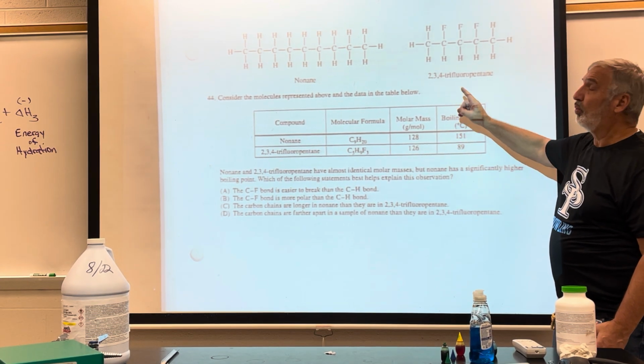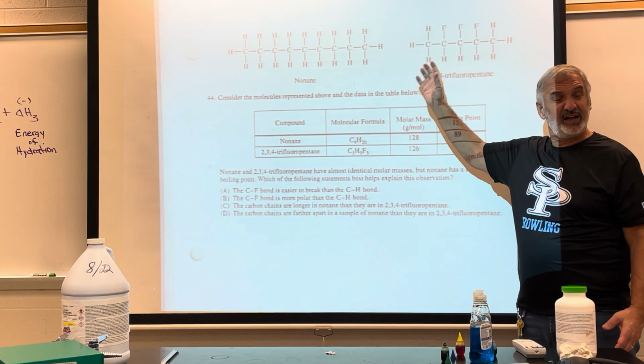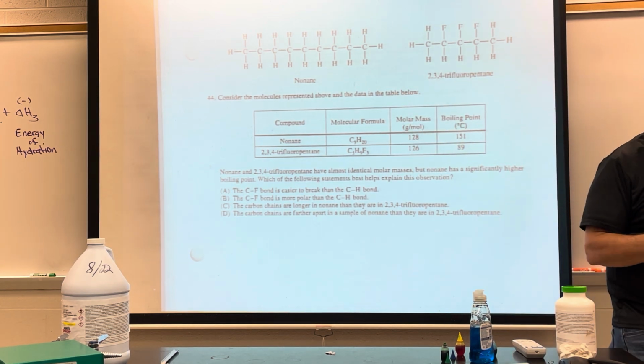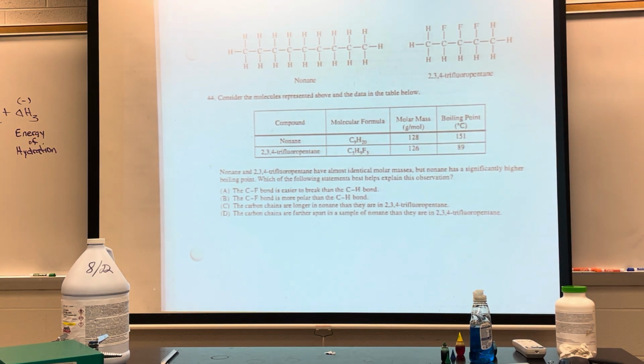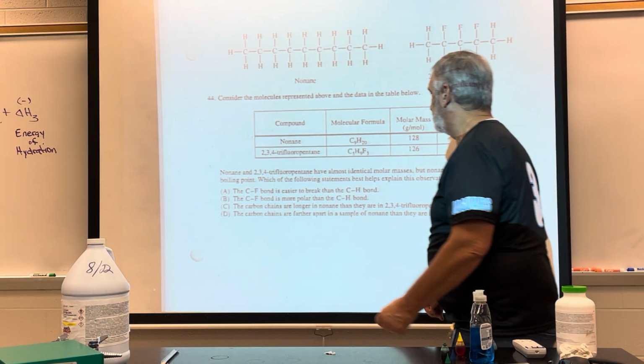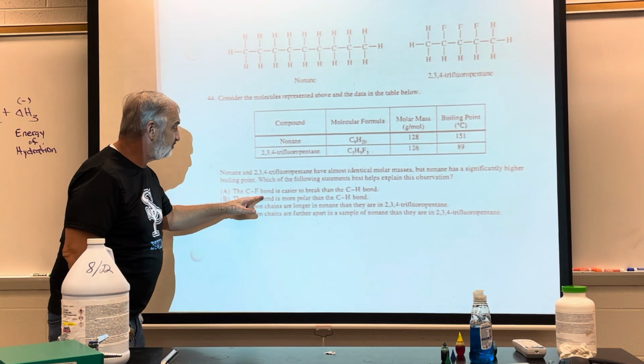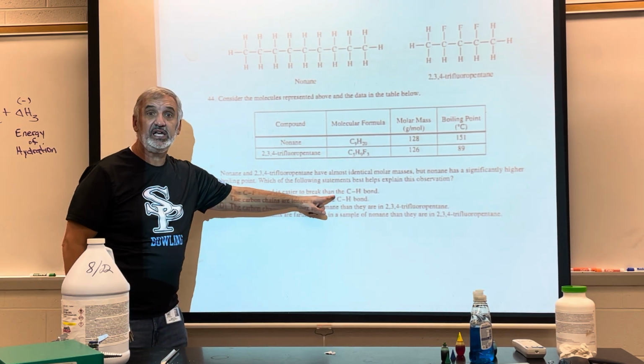But when a molecule, a covalent substance, boils, what bonds break? The covalent bonds within the molecule, or the IMFs between the molecules? IMFs between the molecules. So what two answers can we immediately eliminate? The CF bond is easier to break than the CH bond?